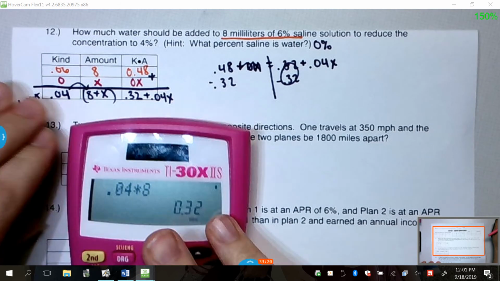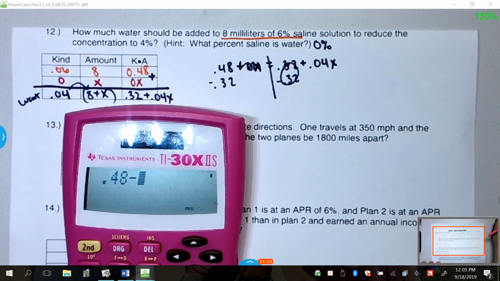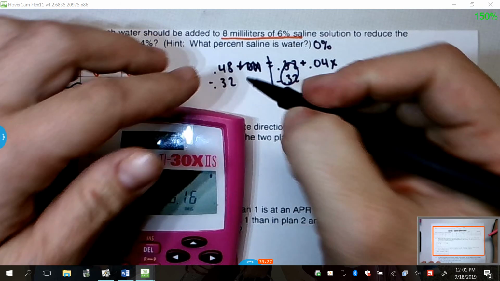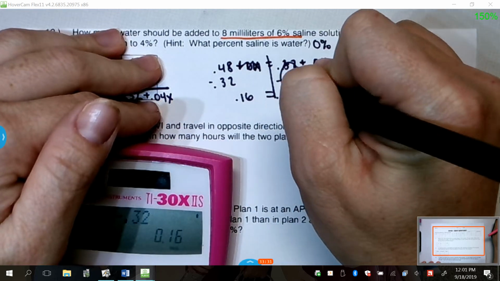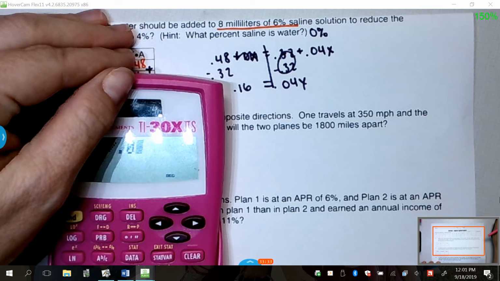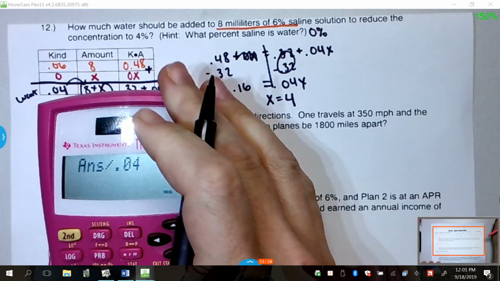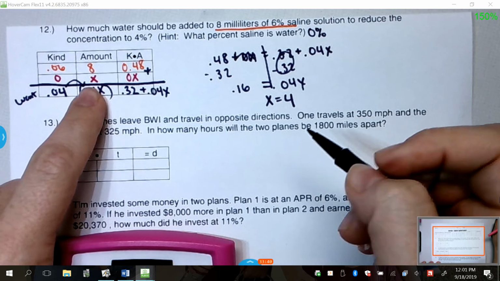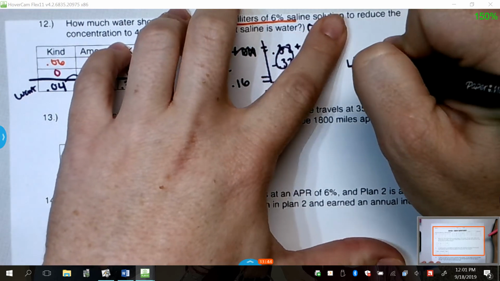So I get 0.48 minus 0.32. That gives me 0.16 equals 0.04x. So divide by 0.04. And I get 4. So x is what I'm solving for. I'm trying to figure out how much water, so it's 4 milliliters.